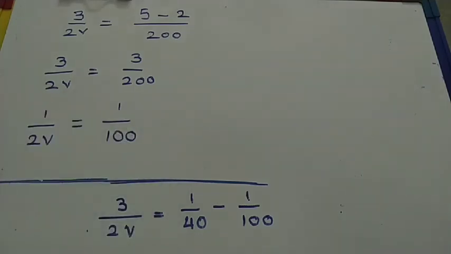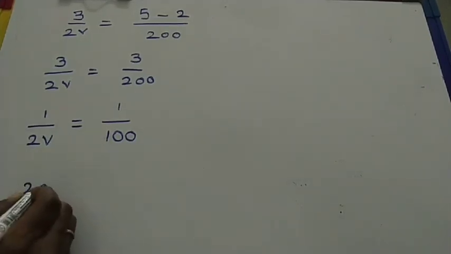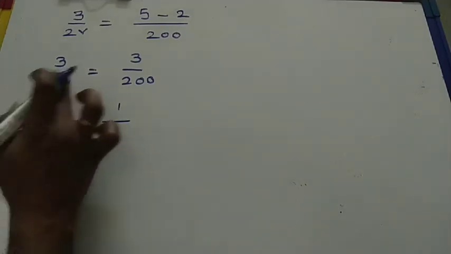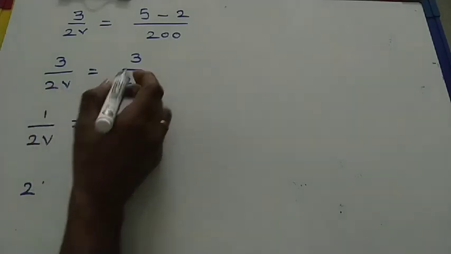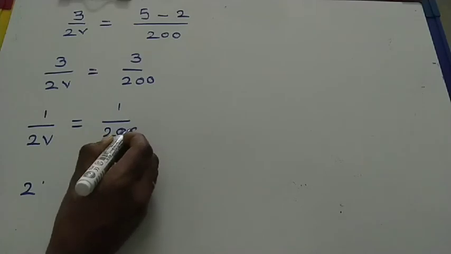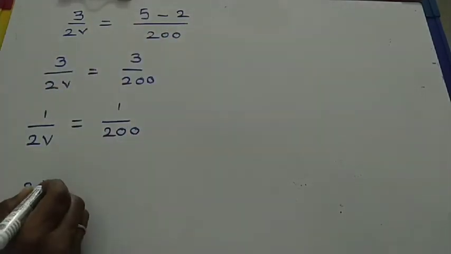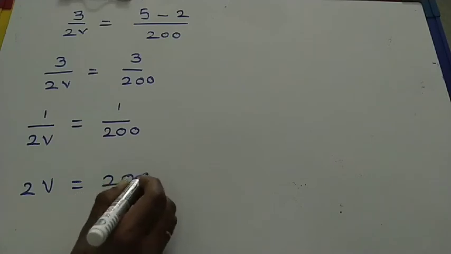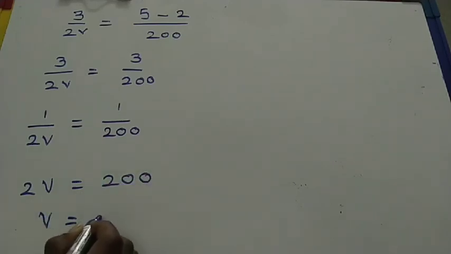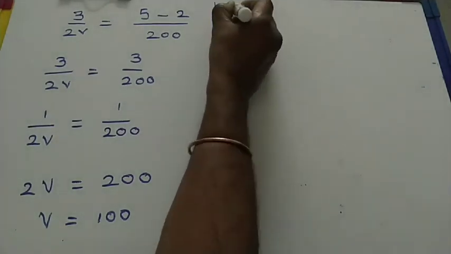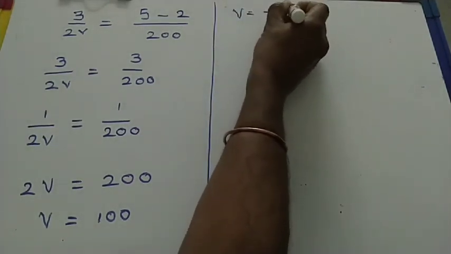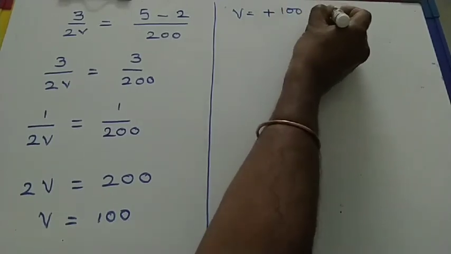Okay? That means 2V, 3 is going to be cancelled. Therefore 1 by 2V is equal to 1 by 200. Therefore reverse it. 2V is equal to 200. Therefore V is equal to 100. Okay, that means here V is equal to plus 100 centimeters.